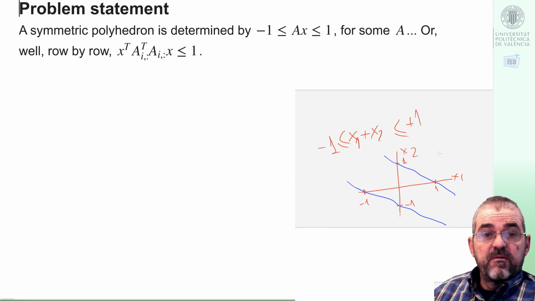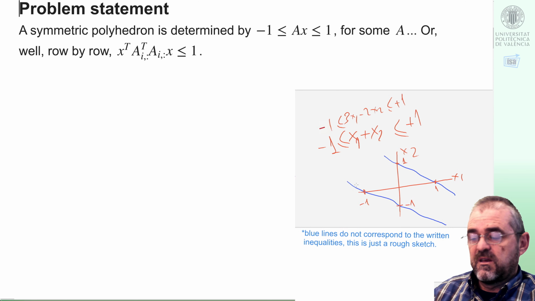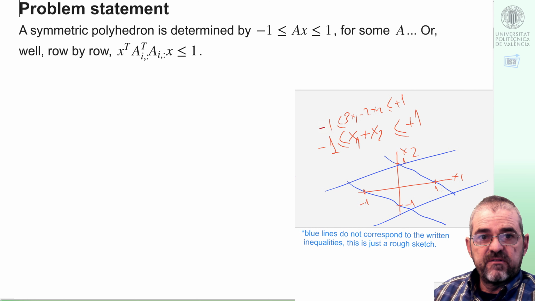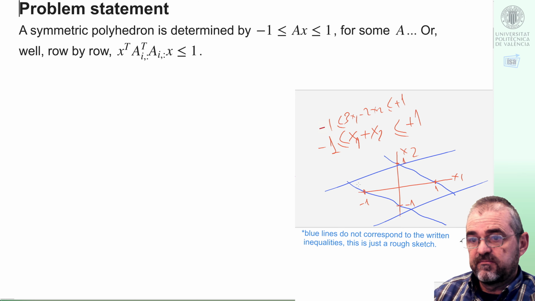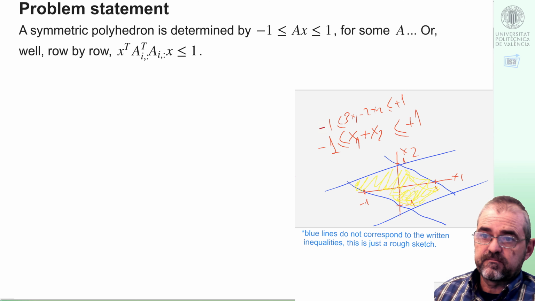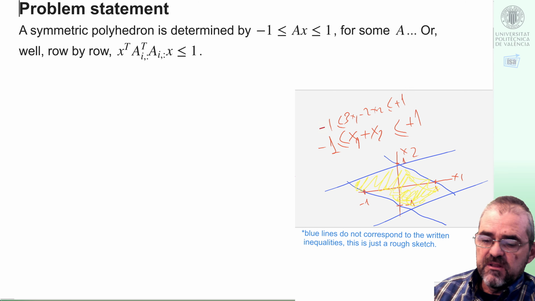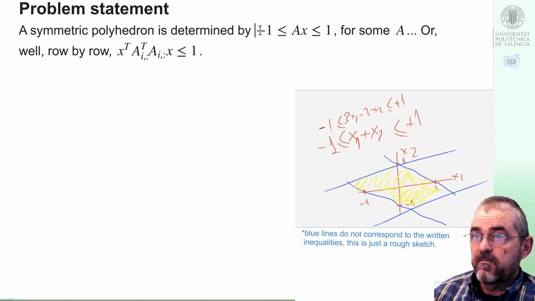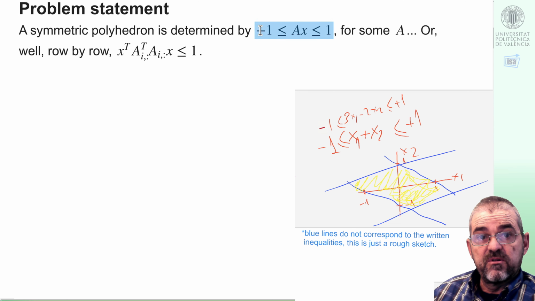And if I put many of them, then I get additional lines, defining a polygon. In this case it's defined by faces, because we are writing the equations of the lines that conform the boundary. So the points that verify all inequalities will be those inside the polygon. So this is the way of defining a symmetric polytope.